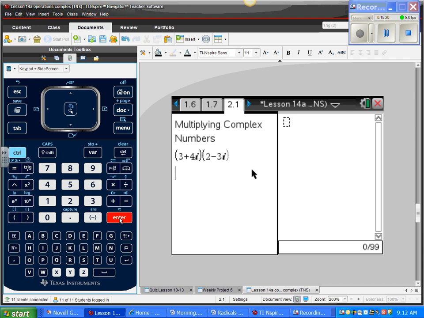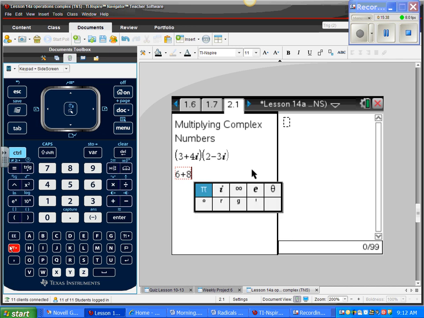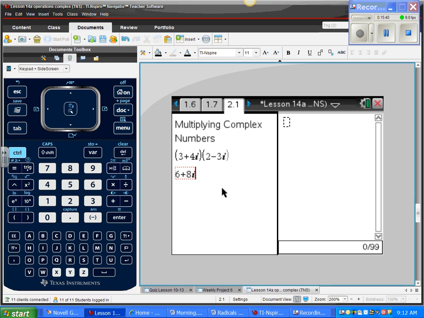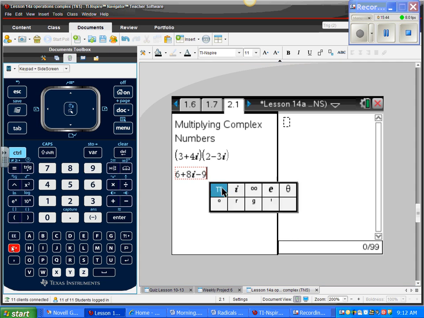So, start FOILing for me. What do I get? 6. Okay, you guys FOIL very strange, but we'll go with it. 6 plus 8i minus 9i.